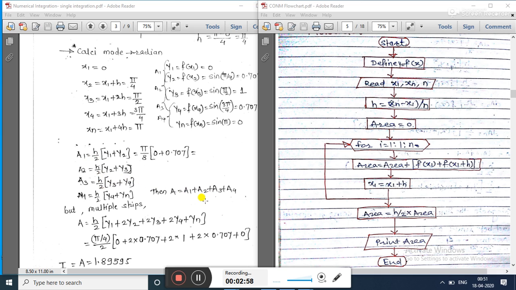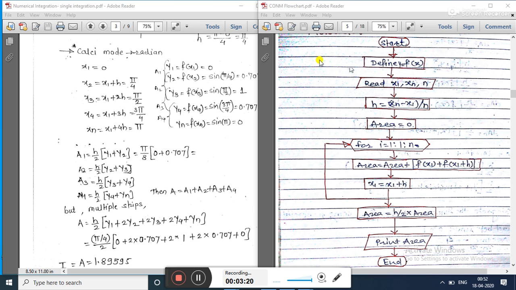This whole plus a4, h by 2 times y4 plus yn. The summation of all this is nothing but the final area. So using this we are going to do the flowchart. Okay, this is the algorithm. Right now we go for the flowchart.